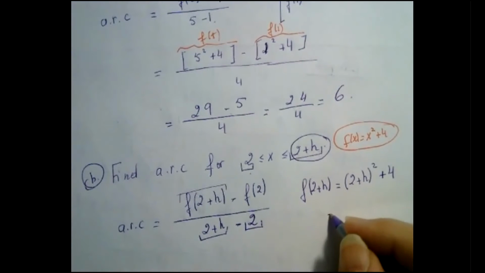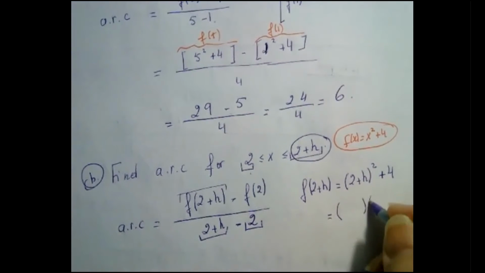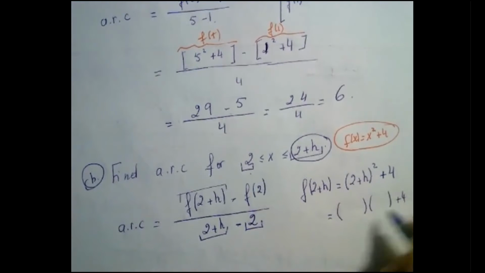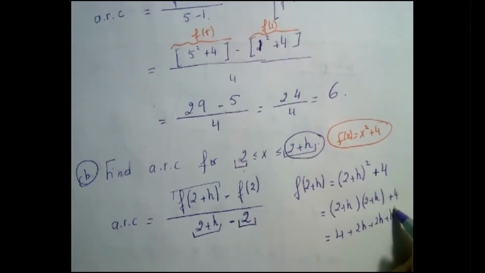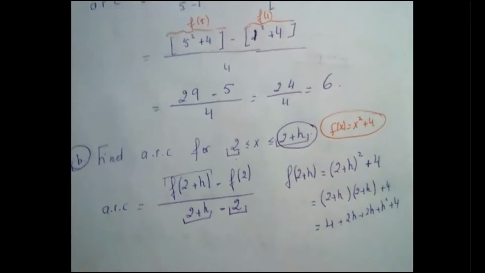So that is equal to what? Now we've done this several times. Now I distribute: 4 plus 2h plus 2h plus h squared, plus 4.